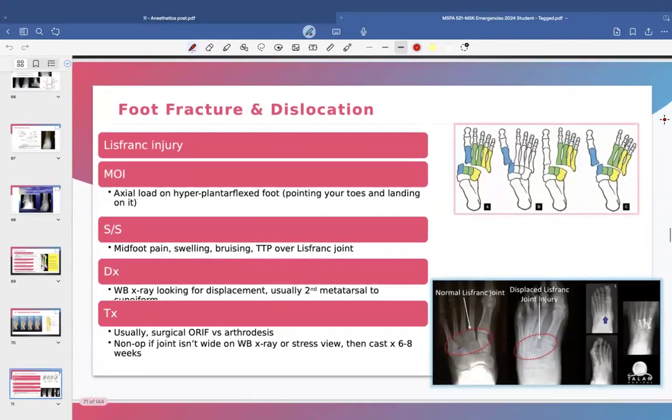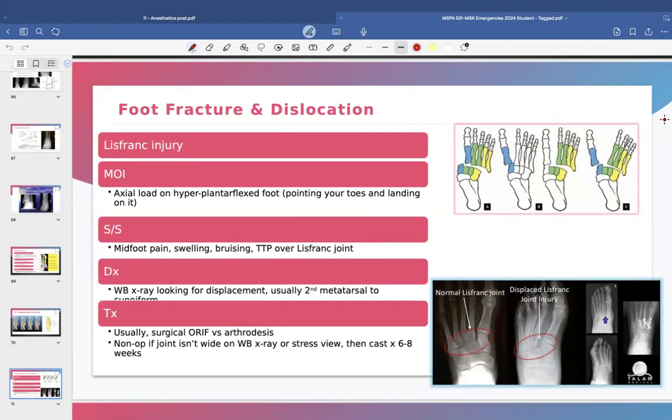We love these ones too. Those Lisfranc injuries. Have you guys heard these? Do you know Lisa Frank? Yeah. Okay, so Lisa Frank, for those that aren't familiar, is like having these beautiful rainbows and unicorns and different things like this that are literally super colorful art.